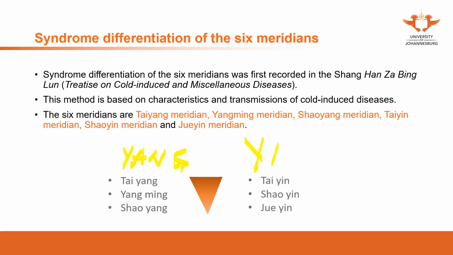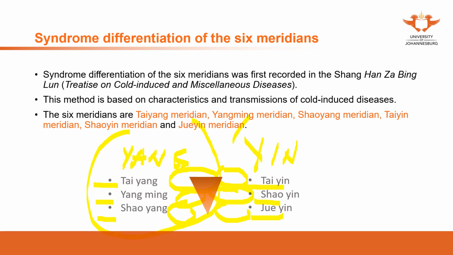From yin and yang, we further divide into 太阳, 阳明, 少阳, according to the volume of yang, how much yang they have. 太阴, 少阴, 厥阴, we also divide according to the volume of yin the meridian has. So that's the yang meridians, and that's the yin meridians.